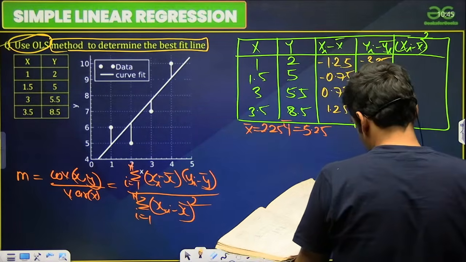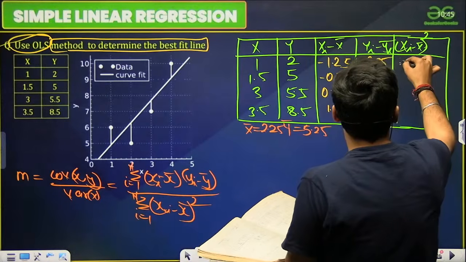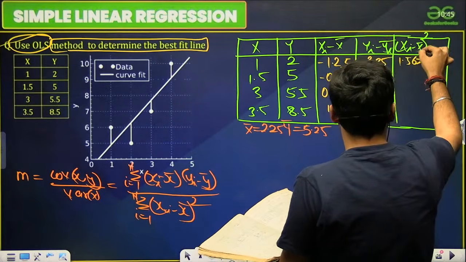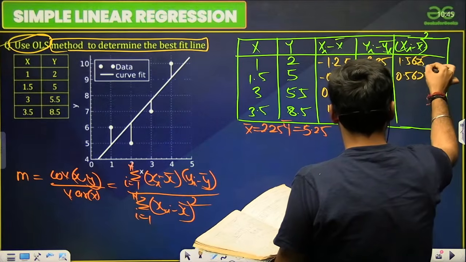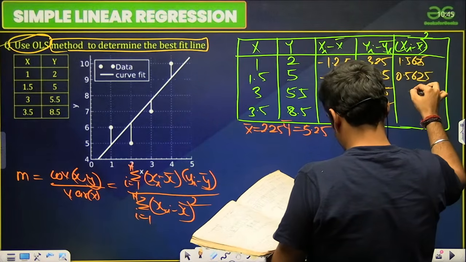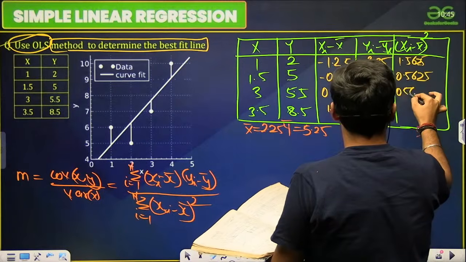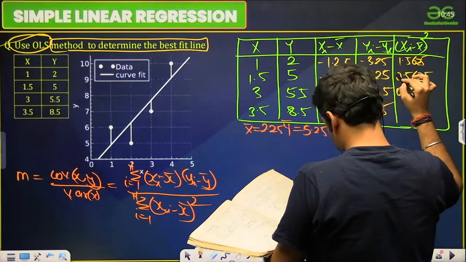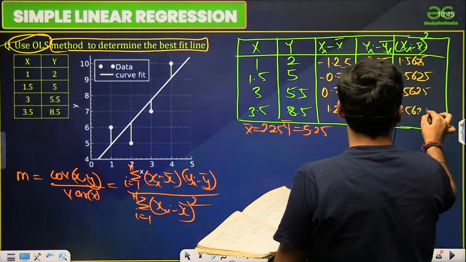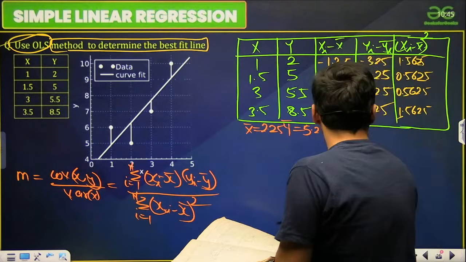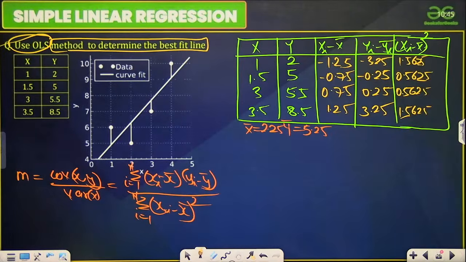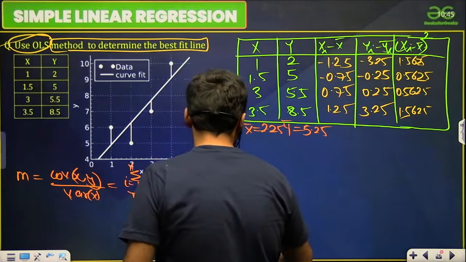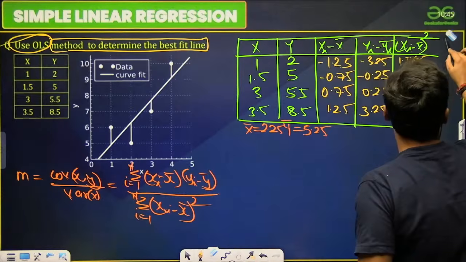Then xi minus x bar whole square is 1.5625, then 0.5625, 0.5625, and 1.5625. I would be drawing one more column here for xi minus x bar into yi minus y bar.